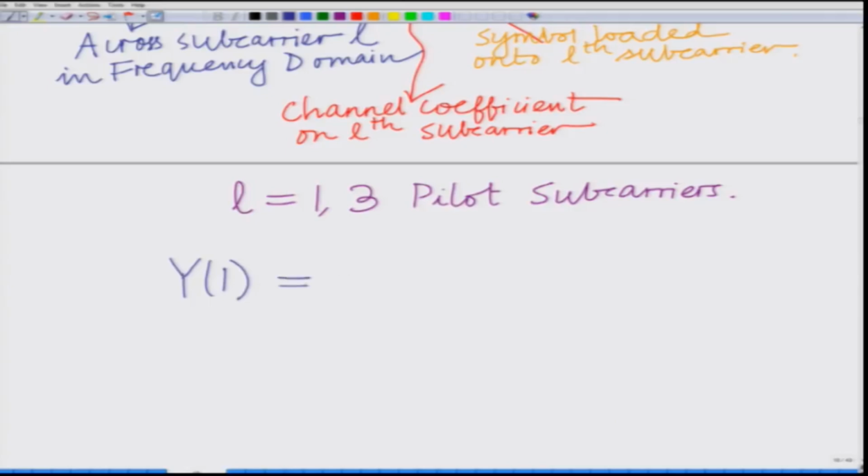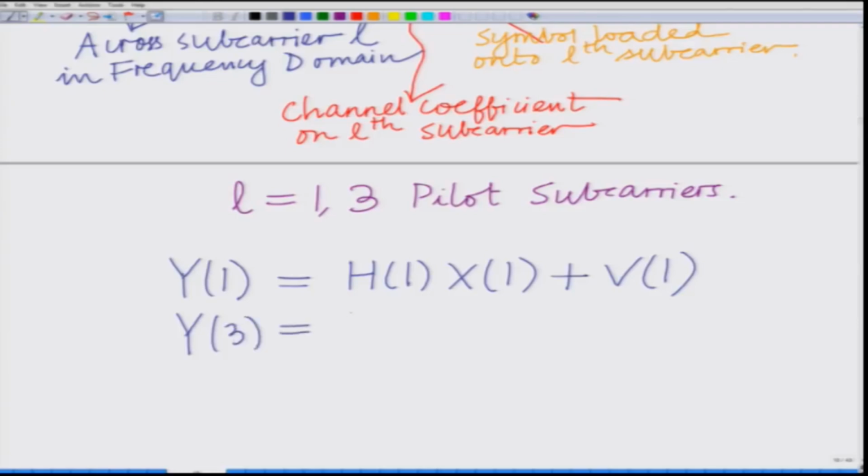Therefore, now we are going to extract the output symbols corresponding to the pilot subcarriers, that is Y1 equals H1 X1 plus V1, Y3 equals H3 X3 plus V3, alright.